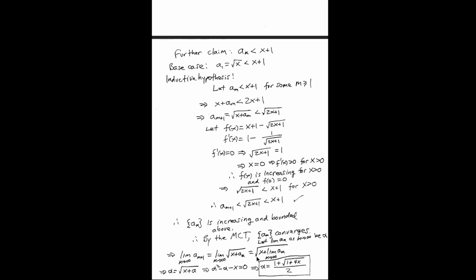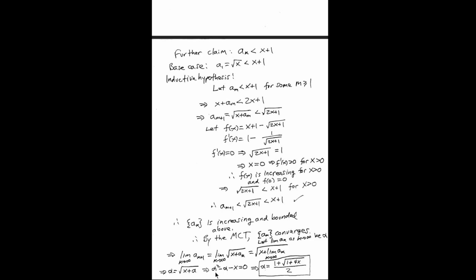So this equals the square root of x plus the limit as k approaches infinity of a sub k. Well, taking those limits then, this implies that alpha equals the square root of x plus alpha, which implies we square both sides.